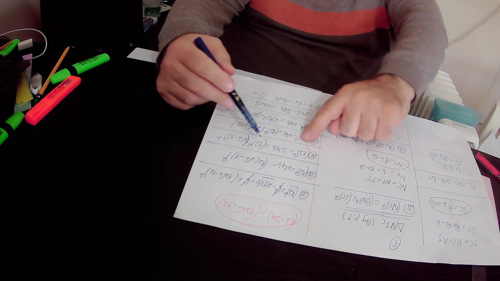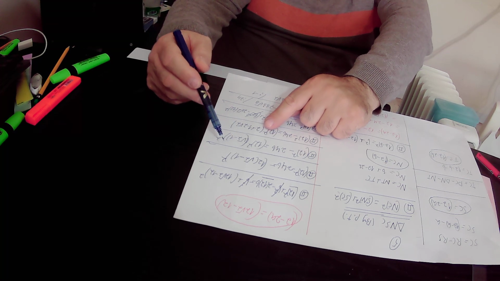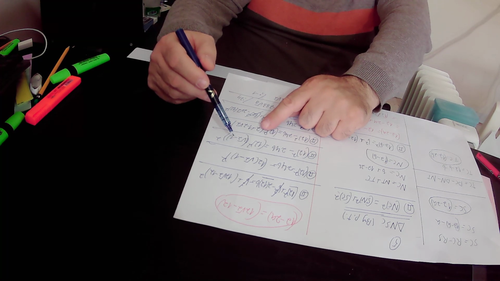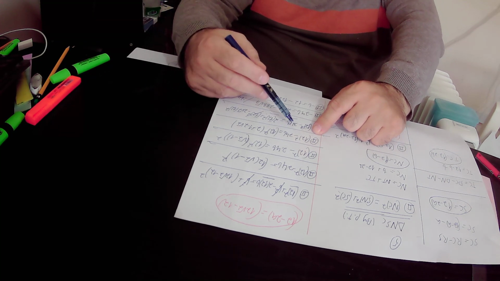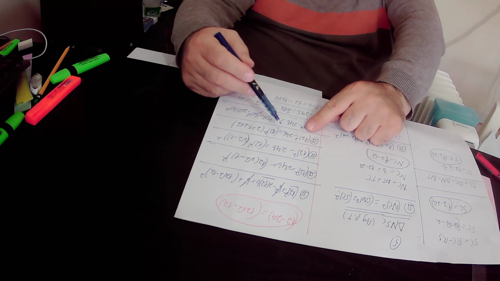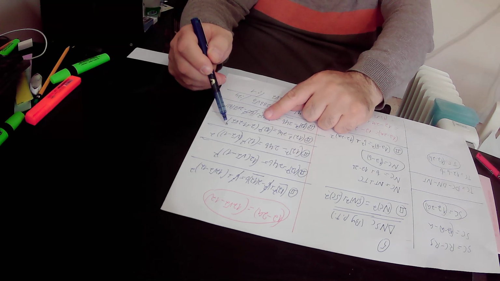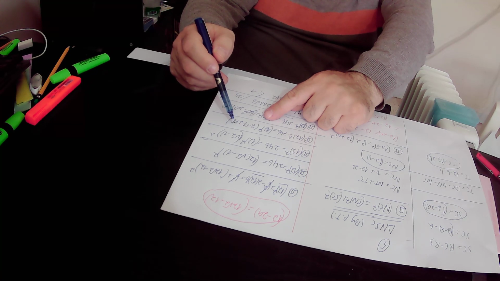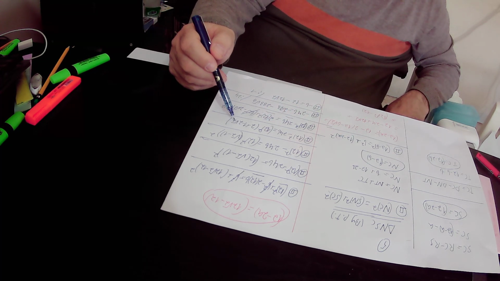So we got 12 square minus 24b equals 12 square times square root of 2 minus 1 square. We open the brackets here. Square root of 2 minus 1 square is square root of 2 squared, that is 2, plus 1 squared, that is 1, minus 2 times square root of 2 times 1, that is minus 2 times square root of 2.